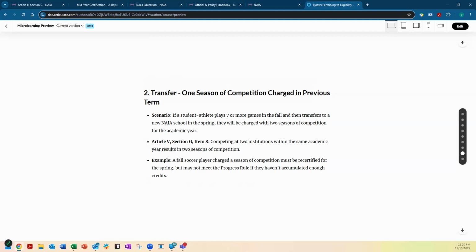We also saw a glitch today because those two rules were kind of tied. It says you cannot name the date of the first competition before the start date of class or after the last date of class.